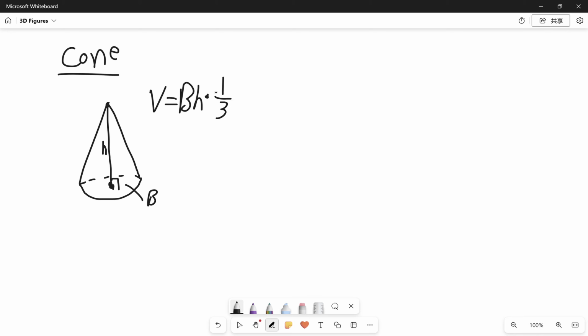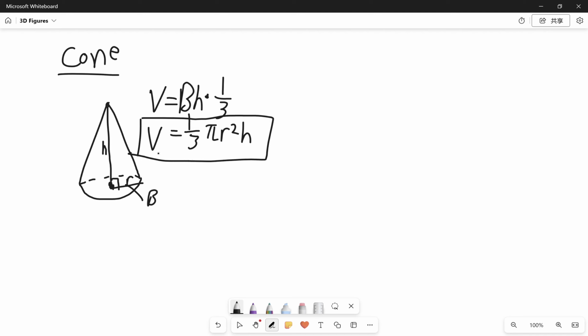But if we draw the cylinder like that, and if you do some stuff to this that I won't do here, you'll figure out that the volume is 1/3 of the cylinder. So that's just 1/3 base times height, and the radius of the base is r, so it's 1/3 pi r squared h, so pi r squared h over 3.